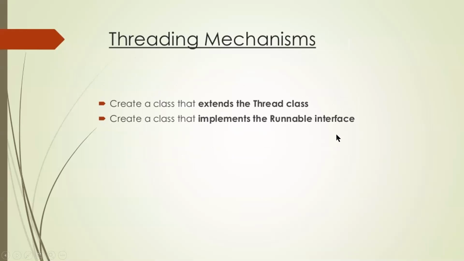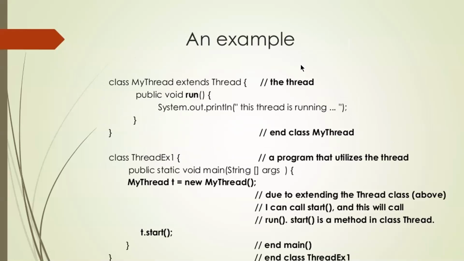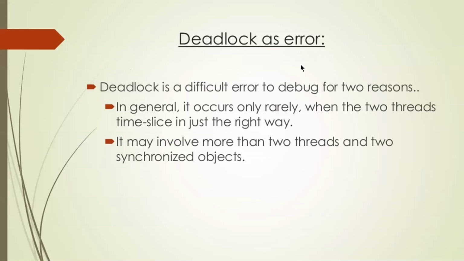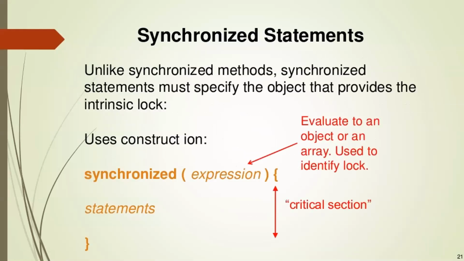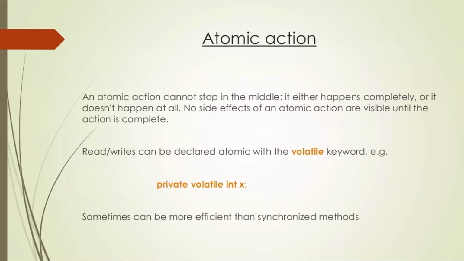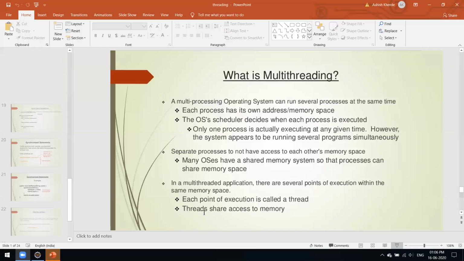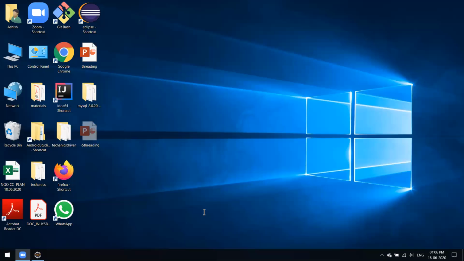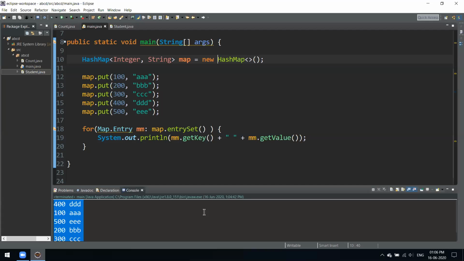You can read this, I'll send you this PPT. This has a very good explanation about threading. What we'll focus on now is the coding part, which is more important than theory. So let's see what threading or multi-threading is.